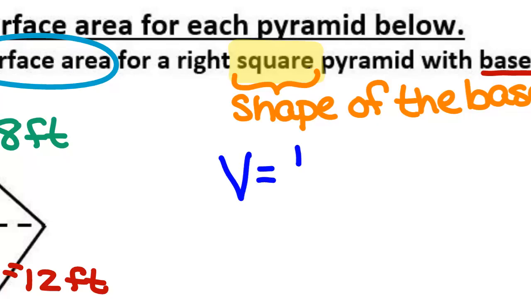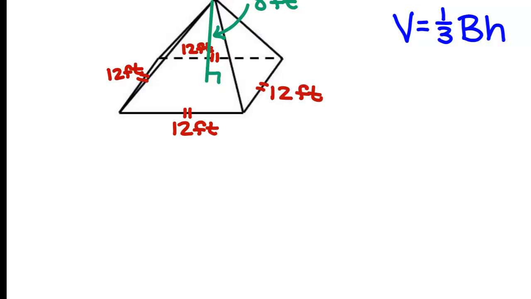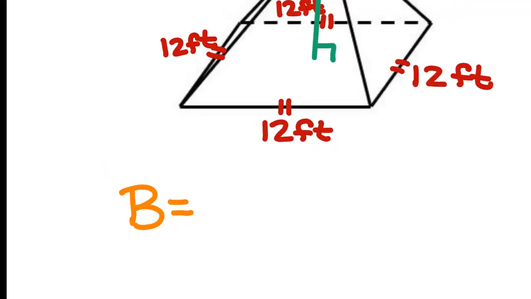Volume is 1/3 area of the base times the height. Well, the area of the base, what shape is the base again? A square. How do you find the area of a square?